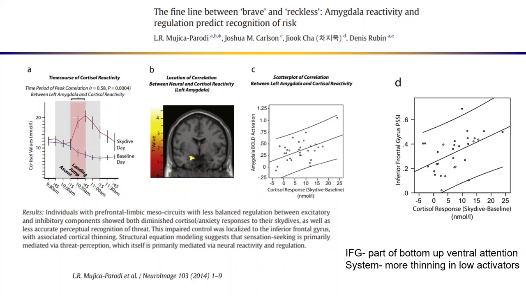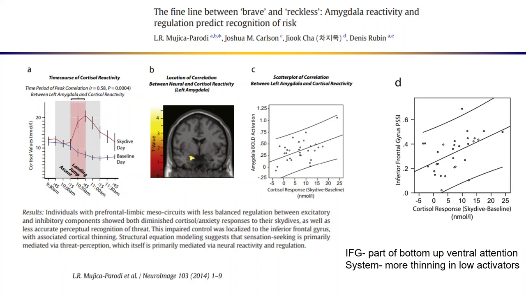Now, they then had these people in the scanner, and what they're showing in B is that the more you spike your cortisol, the more strongly you activate your amygdala. And that's shown even more on the right in panel C, where the more your cortisol changes, the more your amygdala increases. You see the positive correlation there.